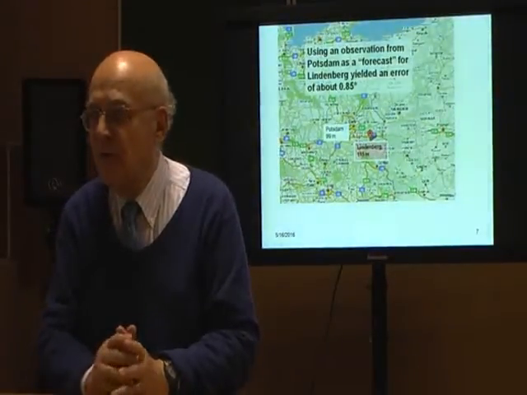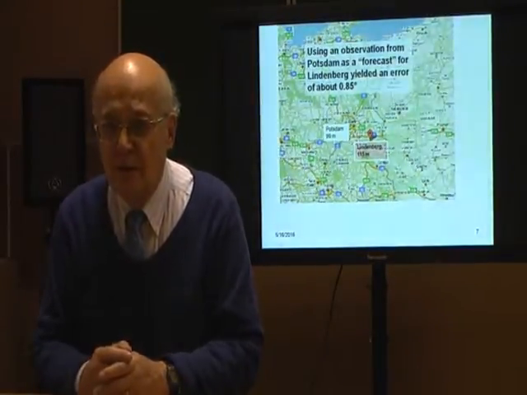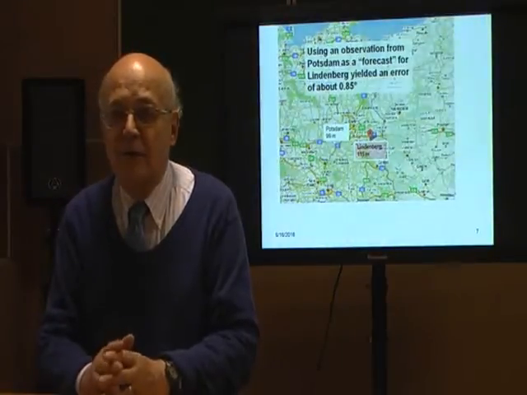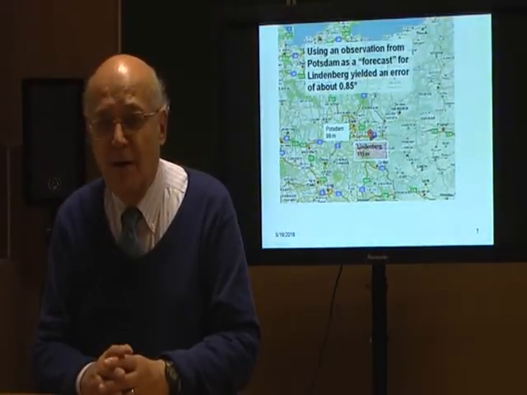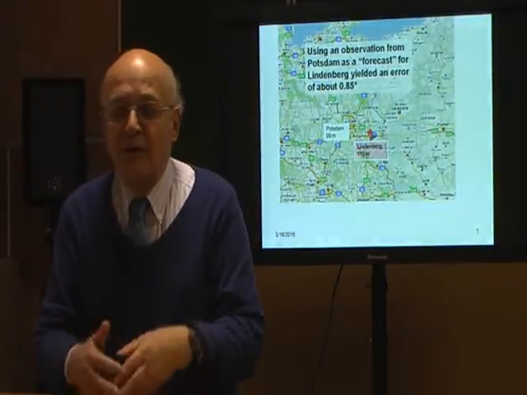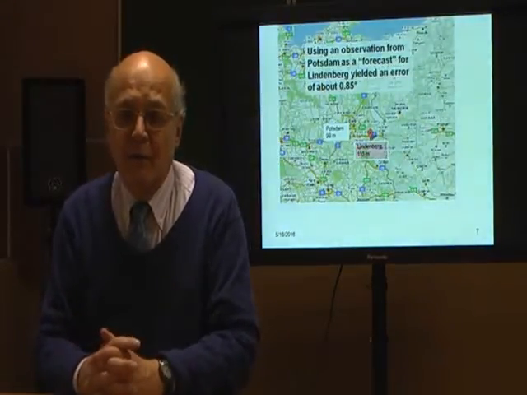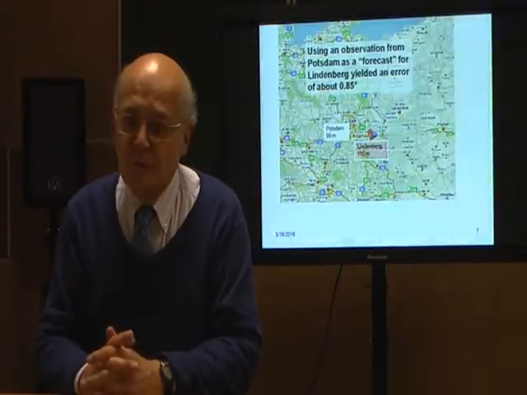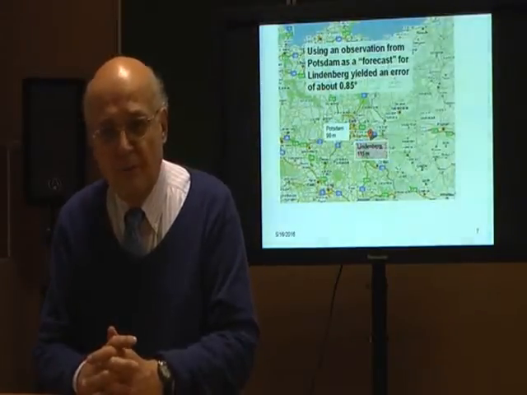So we have an observation from Potsdam, and then how well does that serve as a forecast for nearby Lindenberg? And what we found is that they will on average differ by less than 1 degree, which is not much, but it's not zero.